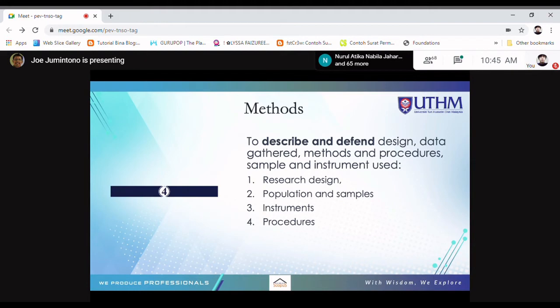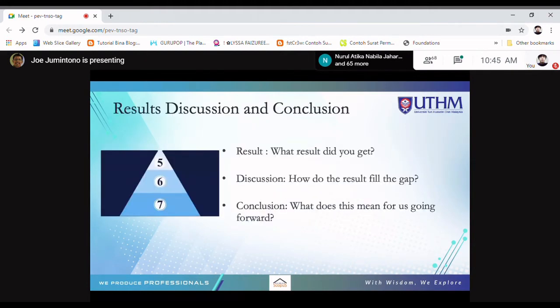Okay, is the method clear? Followed by number 5, number 6, and number 7. Number 5 here, what result did you get? Take, for example, the figure, the matrix, the table, or whatever the result of the research.